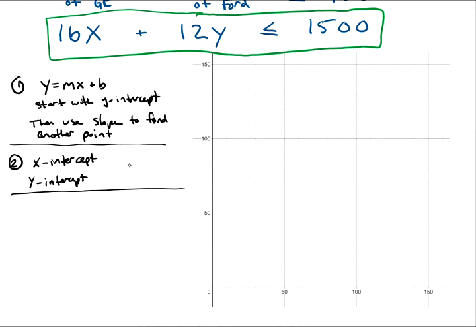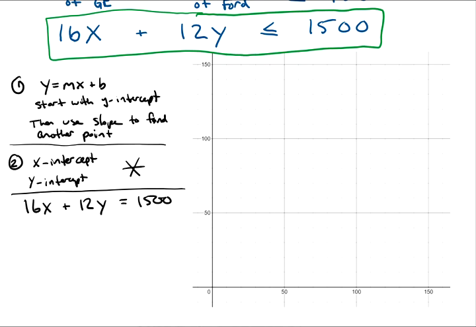I'm going to use this intercept method, where we plug in 0 for x and figure out the y, and plug in 0 for y to figure out the x. So we have the equation 16x plus 12y equals 1,500.